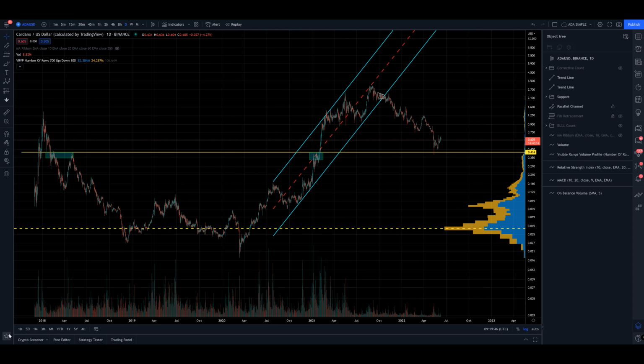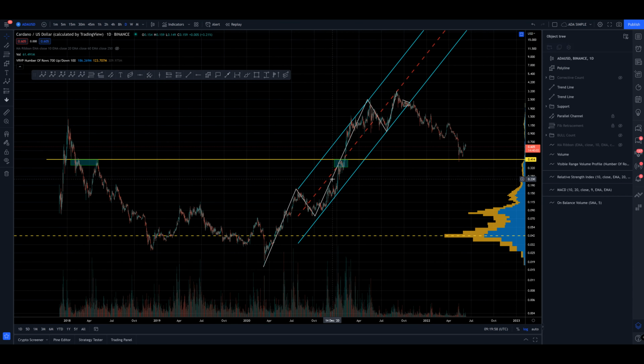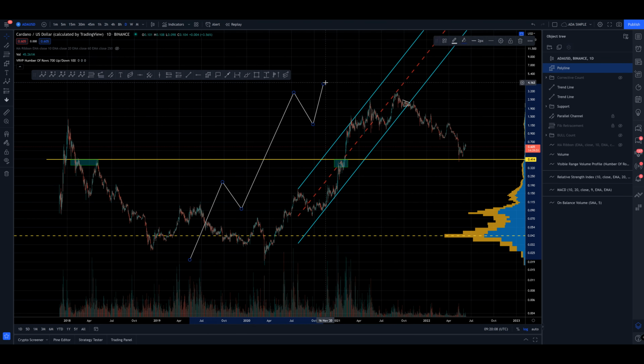I'd argue that very clearly we have a very attractive looking and clean impulse that channels pretty much perfectly, or close to, for something as volatile as the crypto market. We've gone from point to point to a median line in this channel, finishing 5 waves up. We move it to one side and look at it. It's a quite attractive and nice looking impulse.